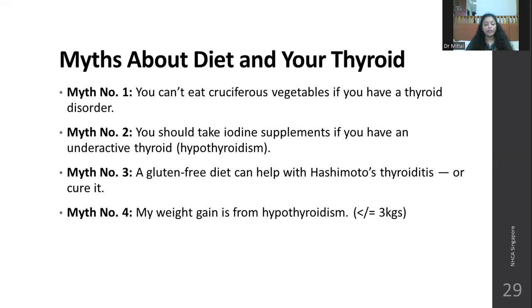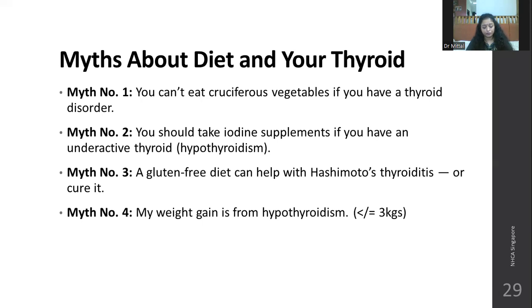Myth number 4: weight gain is from hypothyroidism. The only weight gain you may see because of hypothyroidism is hardly 3 kgs, less or more. Not more than that. If you are gaining more than 3 kgs, that is completely your lifestyle choices. It is a mismatch in the equation of your calorie balance, your energy balance.